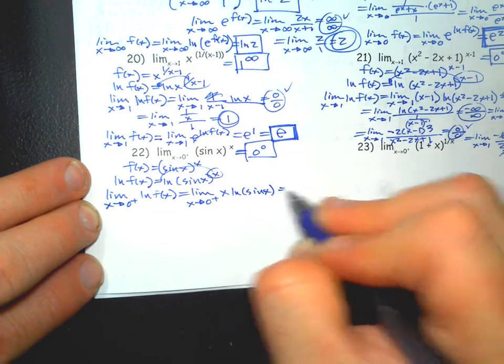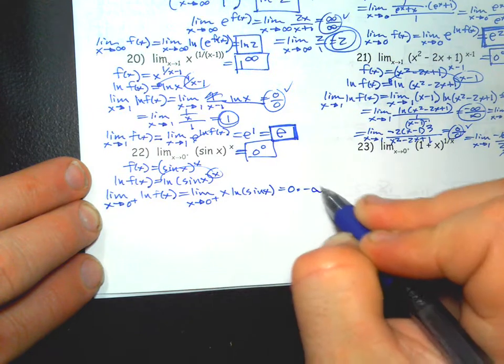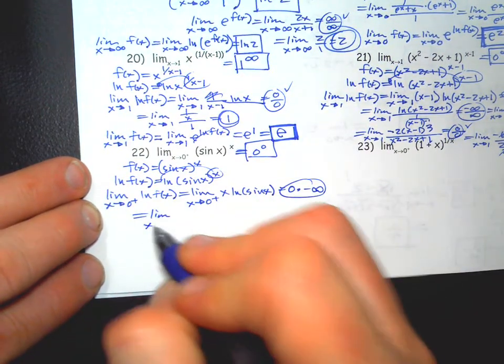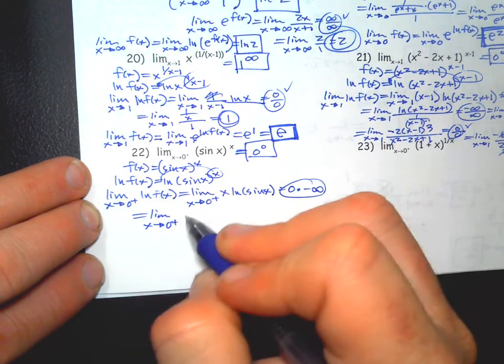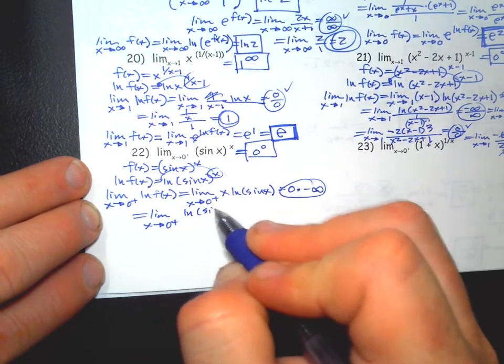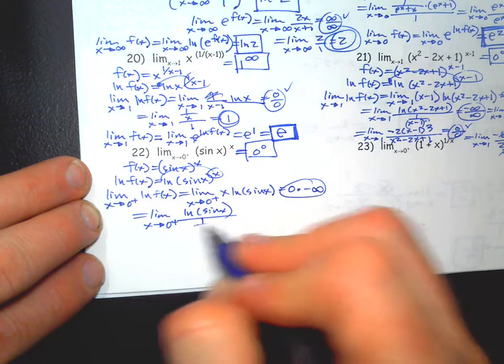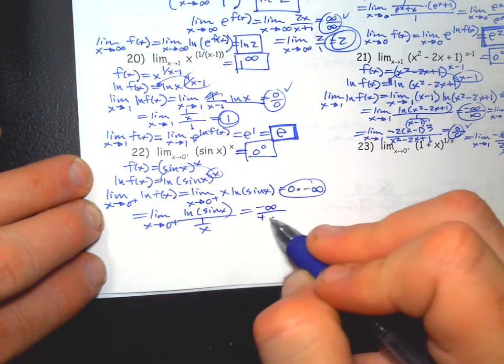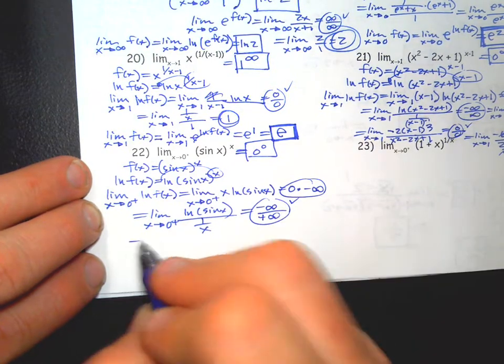Okay, which gives you 0 times negative infinity. So we've got to change it to a fraction. At some point, you start to get really good at these, like me. I mean, just getting the same kind of stuff over and over again. Now we do L'Hopital's rule.